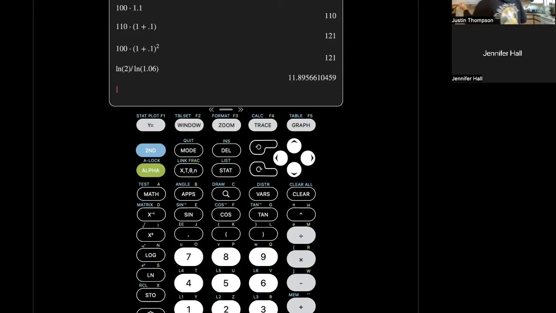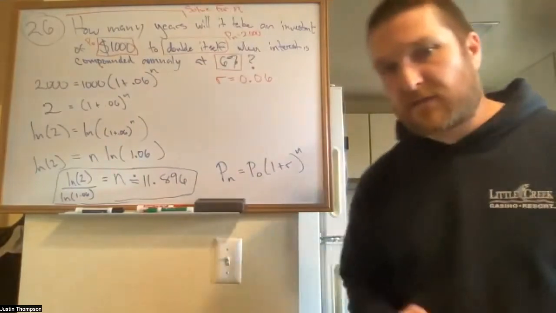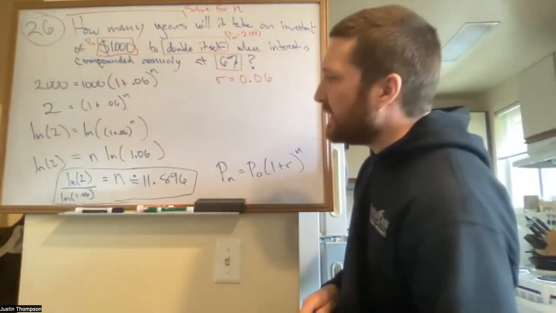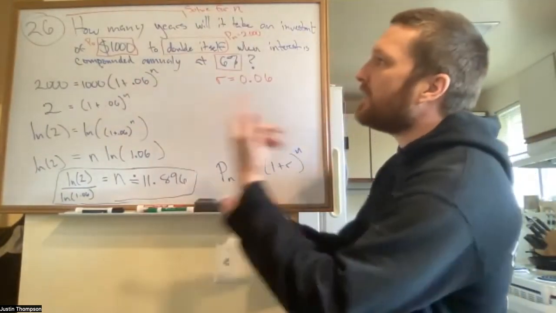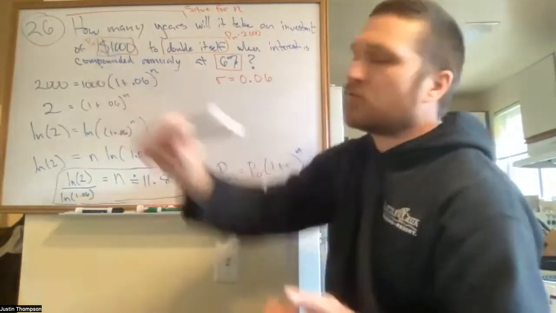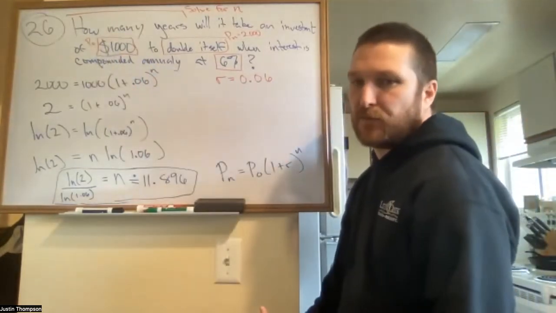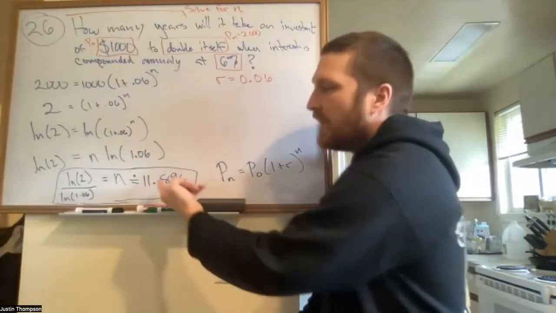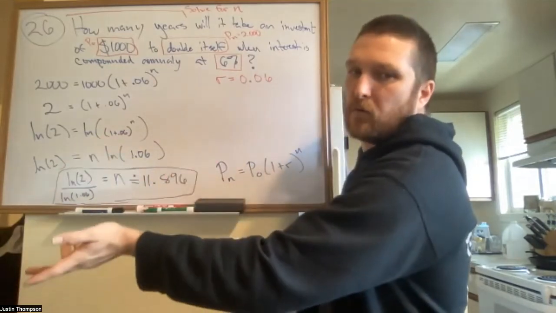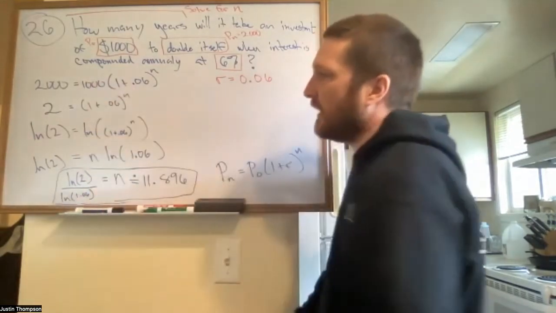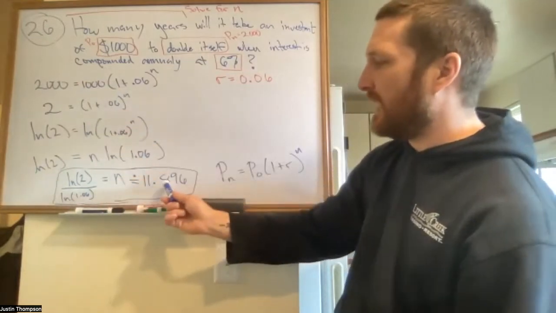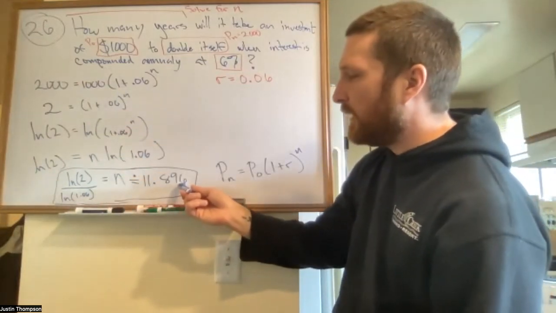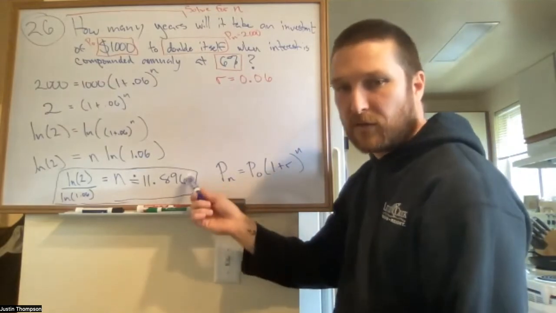Okay, now got to stop and use our thinking caps here, because of the way that compound interest works, the bank's not going to give it to you until you've gone that long. And so we can see 11 years is too short. It won't actually reach this value until 11.89 years, but banks are jerks and they want to hold on to your money.